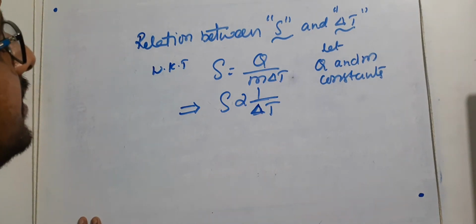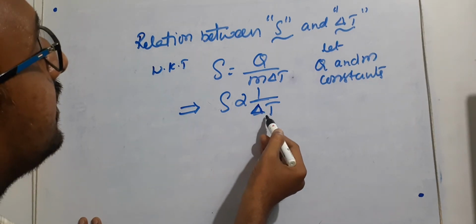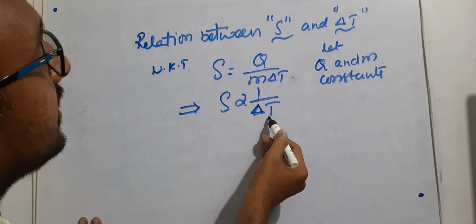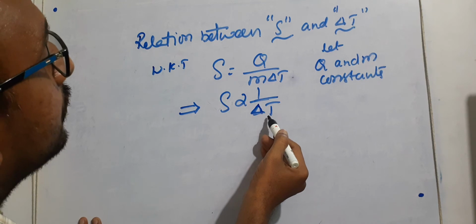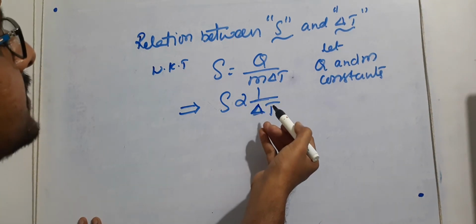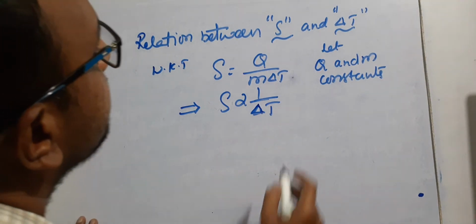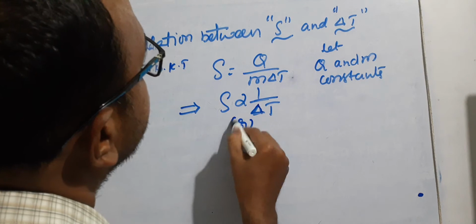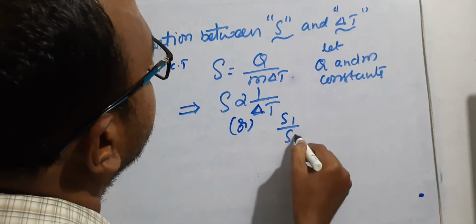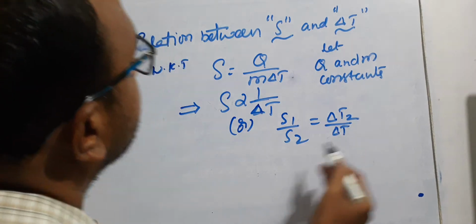Similarly, for any material having a lower specific heat value, delta T is higher. So when you heat such materials, the rise in temperature will be faster. When you cool them, the fall in temperature is also faster. In two cases, it can be written as S1 by S2 is equal to delta T2 by delta T1.